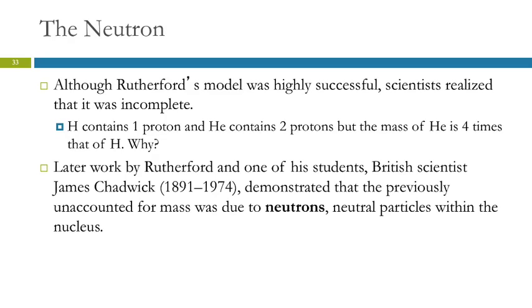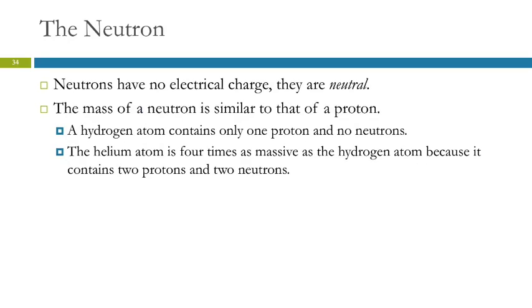So Rutherford and one of his students, James Chadwick, later demonstrated that the missing mass, the mass they couldn't account for, was due to neutrons. Neutrons are much like protons. They're about the same size, and they're in the nucleus. But neutrons are neutral. They don't have a charge. Their mass is extremely similar to that of a proton.